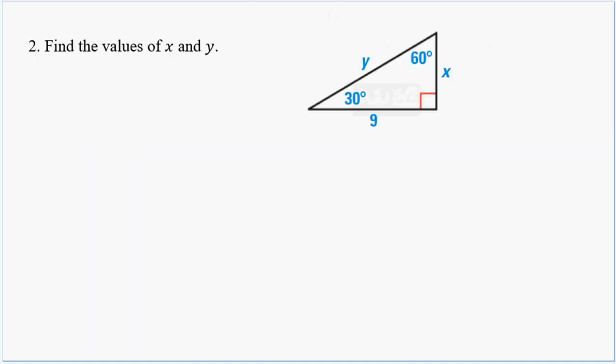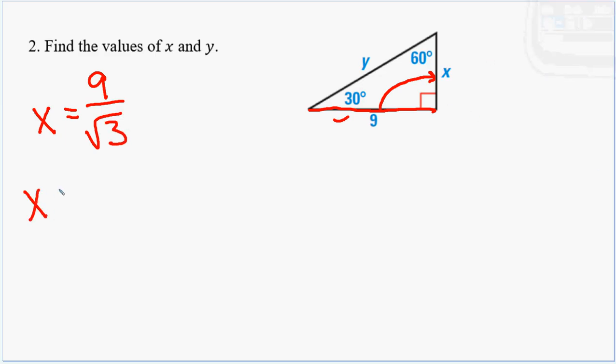All right, find the values of x and y. So here this time we've got the long leg. So if I want to find x, I'm going to take this long leg and divide it by the root of 3. X is equal to 9 divided by root 3.